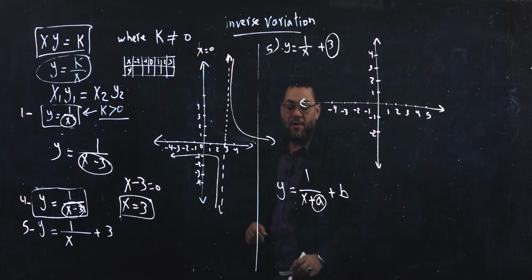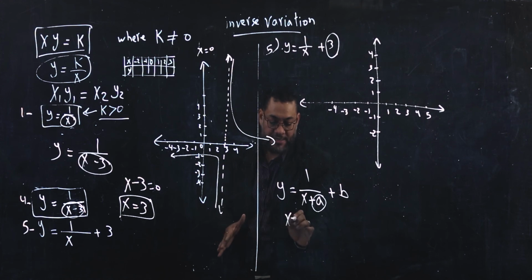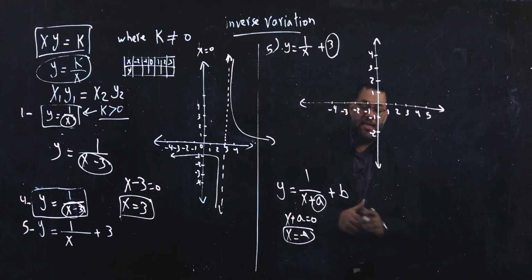A gives the vertical asymptote. We put x plus a equals 0, so x equals negative a. This is the vertical asymptote.